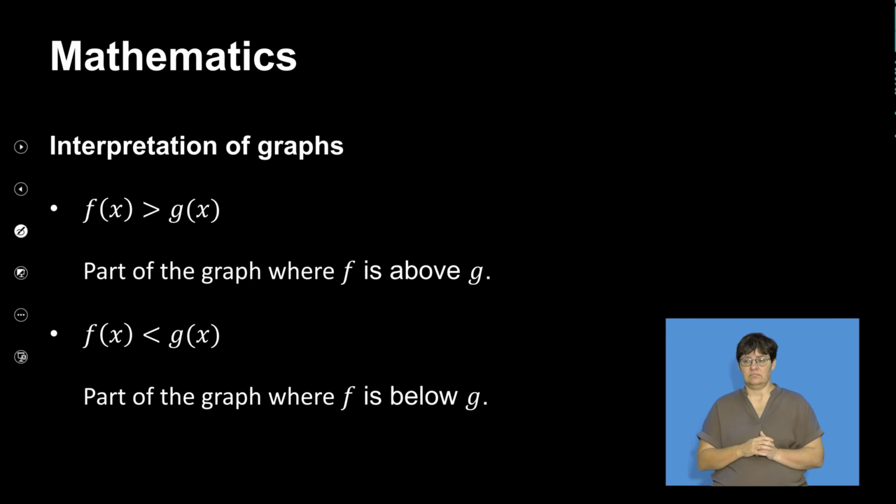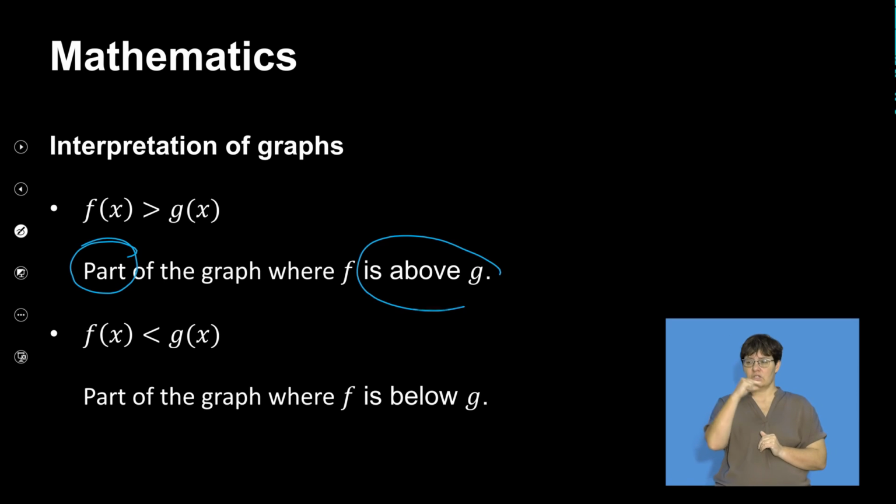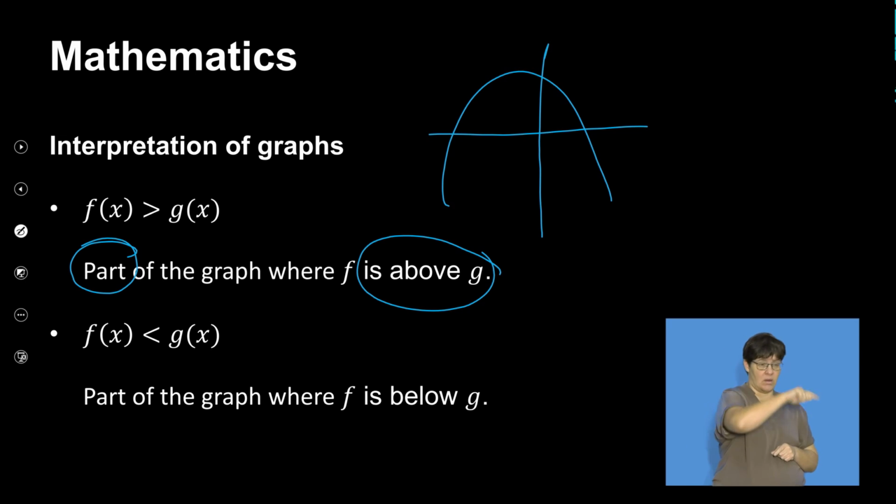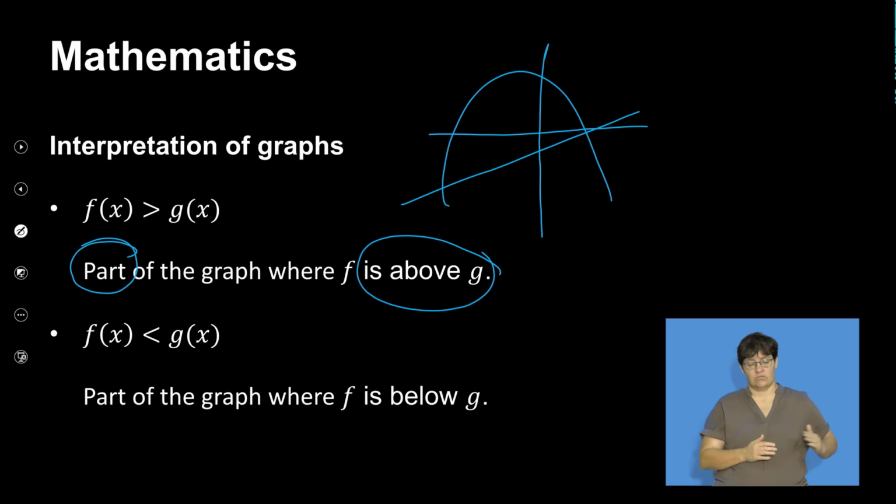Now, when we talk about two graphs that are on the same plane, and I say f of x is greater than g of x, this is when the graph of f is above the graph of g, right? So if I draw a graph here to show you what this means, let's say I have a parabola like that, and I have a straight line graph like that, right?